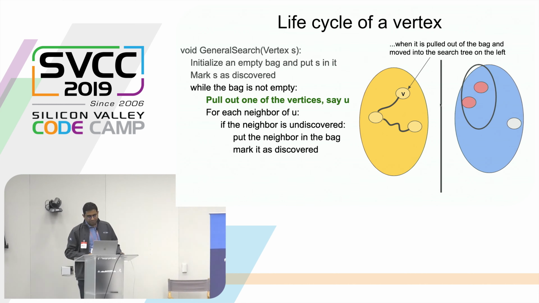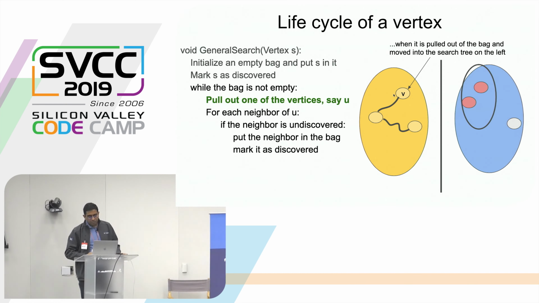So effectively, if you add up the total work across the execution of the algorithm, it's constant time for each vertex, for the time required to add it to the bag and take it out from the bag. Adding up that part across all the vertices would be order V.